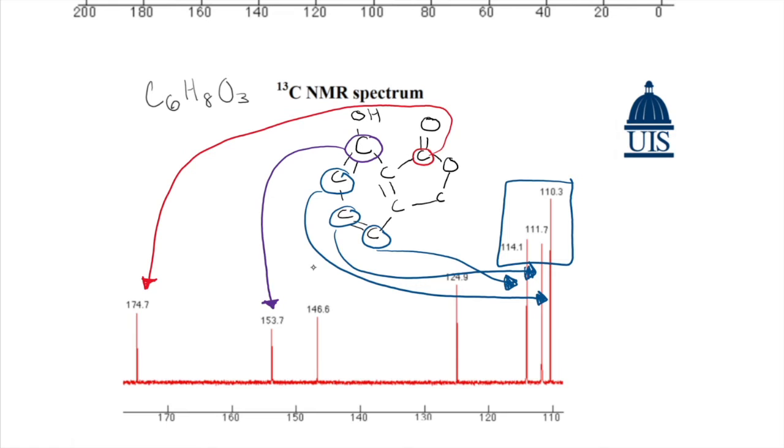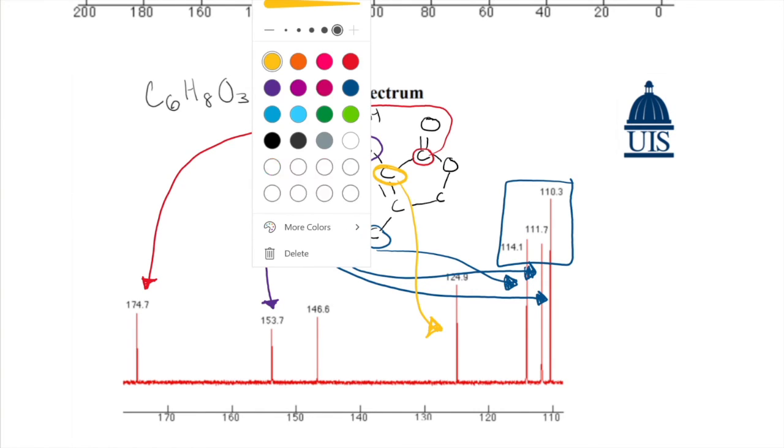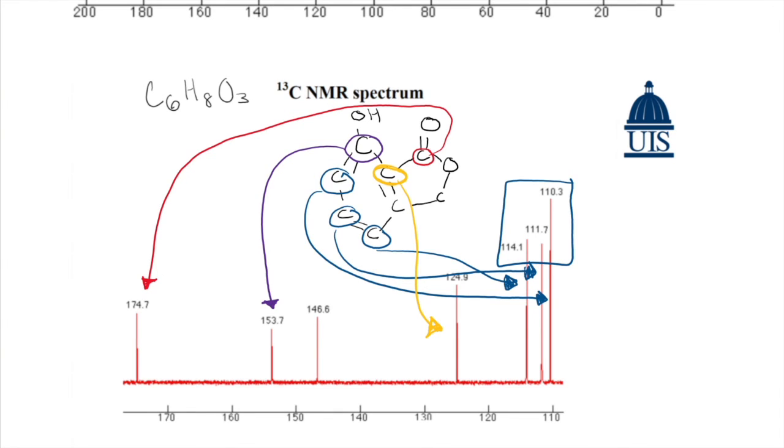Now we're going to deal with this carbon, who connects to only other carbons, but also connects closer to the oxygen. So that's going to come up to this peak here. And our last one on this graph is going to be this carbon that is connected to this oxygen.